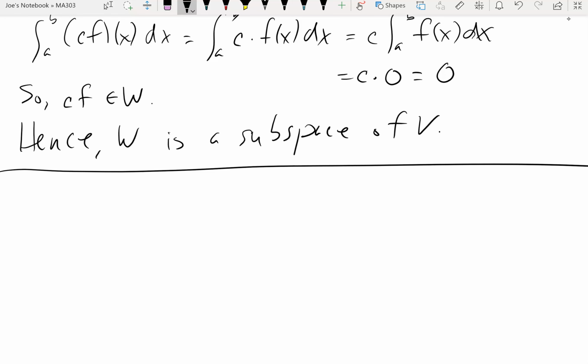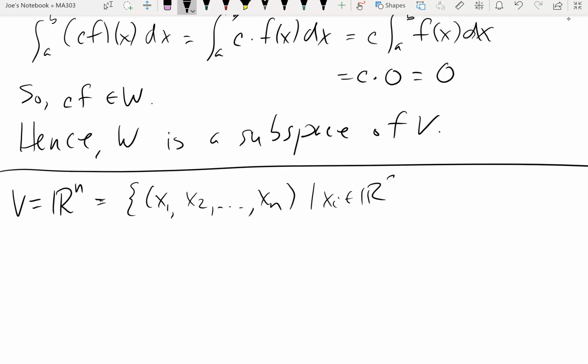Other ones that pop up, of course, are your Rn, for example. So this is just your set of all n-tuples. We've seen that. We've actually written that down.